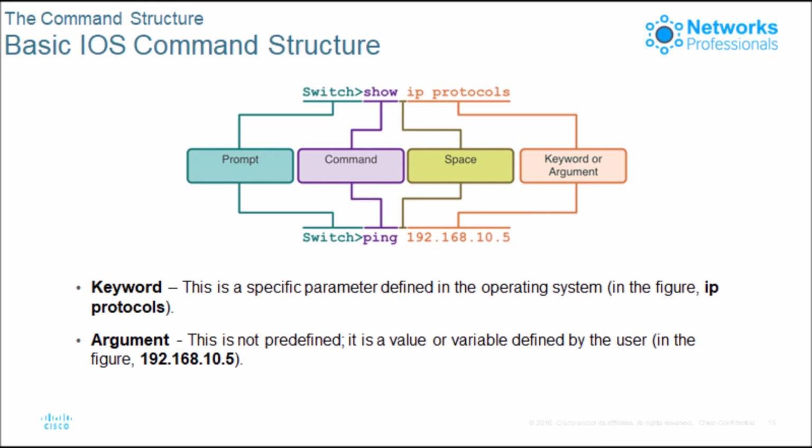A keyword is a specific parameter defined in the operating system. As shown in the example, ip protocol is a keyword, while the argument is not predefined. It is a value or variable defined by the user. As shown in the example, 192.168.10.5, which is an IP address of the IPv4 family, is an argument.